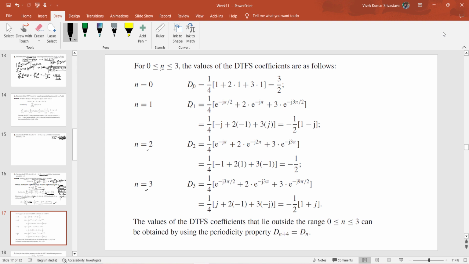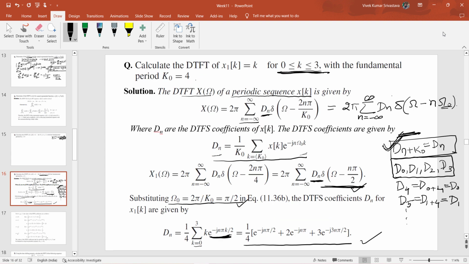This mathematical part I am leaving to you, so you can evaluate it later. Once you evaluate, you can put the values of d0, d1, d2, d3 in this expression so as to get the discrete time Fourier transform corresponding to this periodic sequence which is given in the problem. Any doubt in this problem?